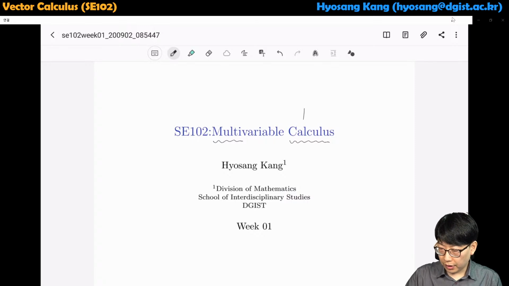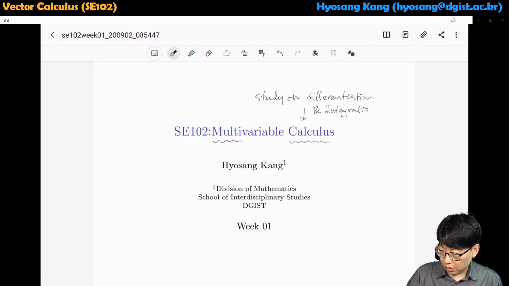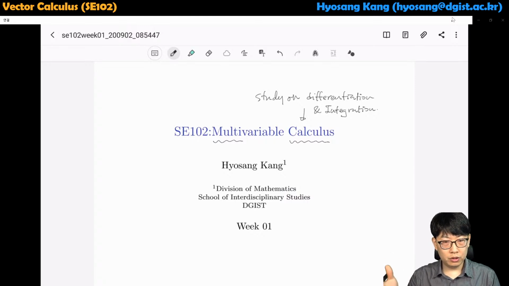Basically, calculus is the study of differentiation and integration. Last semester we studied calculus on single variable functions, which means the function contains only one dependent variable and one independent variable.